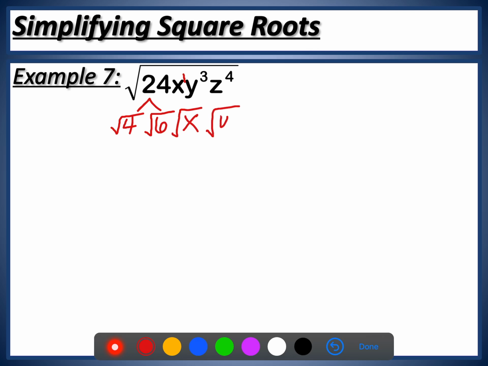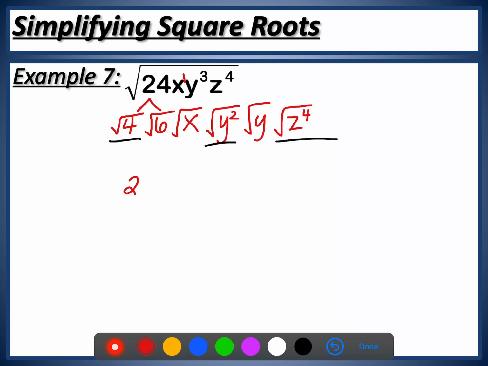Okay, y to the 3rd, I can make it y squared and y. And then z to the 4th is already even. So remember, the exponent does not have to be a traditional perfect square number. It has to be even because you're trying to divide it by 2 in order to take it out of the square root.